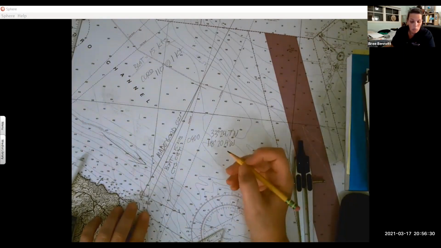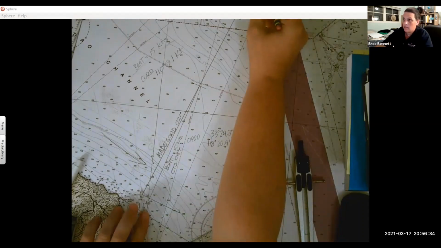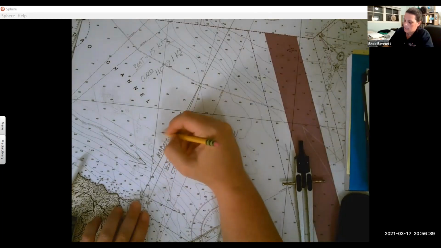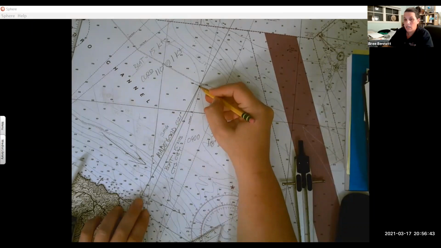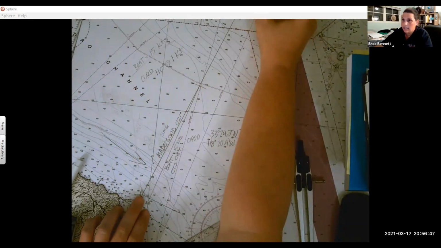It asks us what our ETA is. What is our ETA up to this point? So we need to use our speed made good. So we need to measure our speed made good so we could get an accurate ETA.